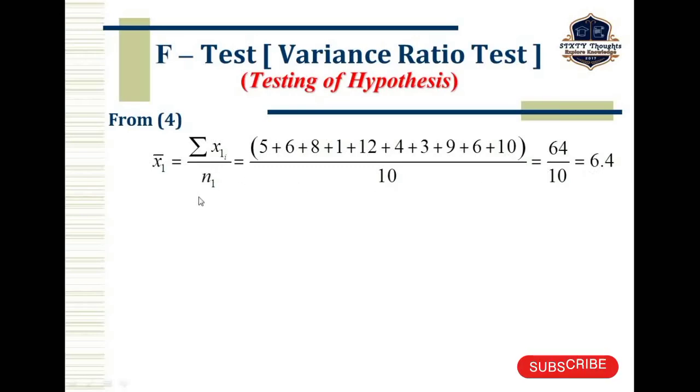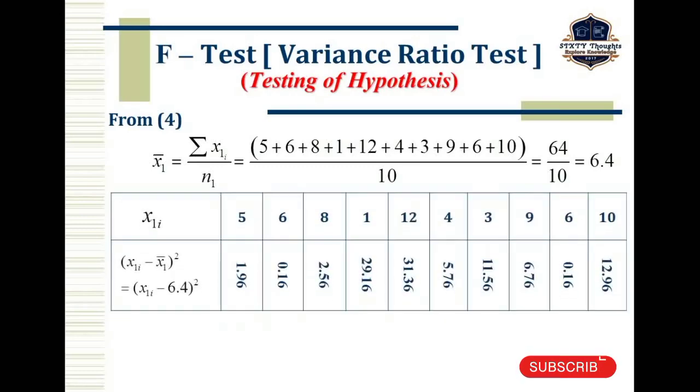Next we find the sum of x1 minus x1 bar whole square value. Before finding that, first we write x1 i, that is nothing but the diet A data values. Next we find x1 minus x1 bar whole square. We know x1 bar is 6.4 here, so we substitute.